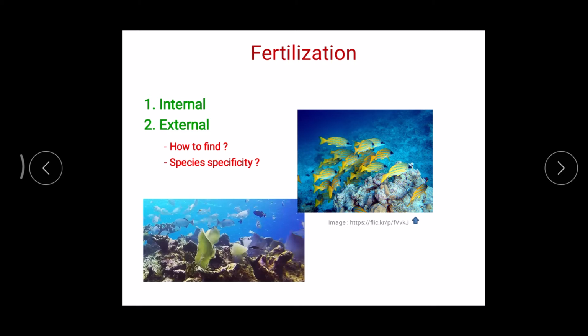This surrounding environment may be as small as a pool or aquarium, or as large as an ocean. Such organisms face two challenges. First, how can sperm and egg meet in such a dilute concentration, and how can sperms be prevented from attempting to fertilize eggs of another species.